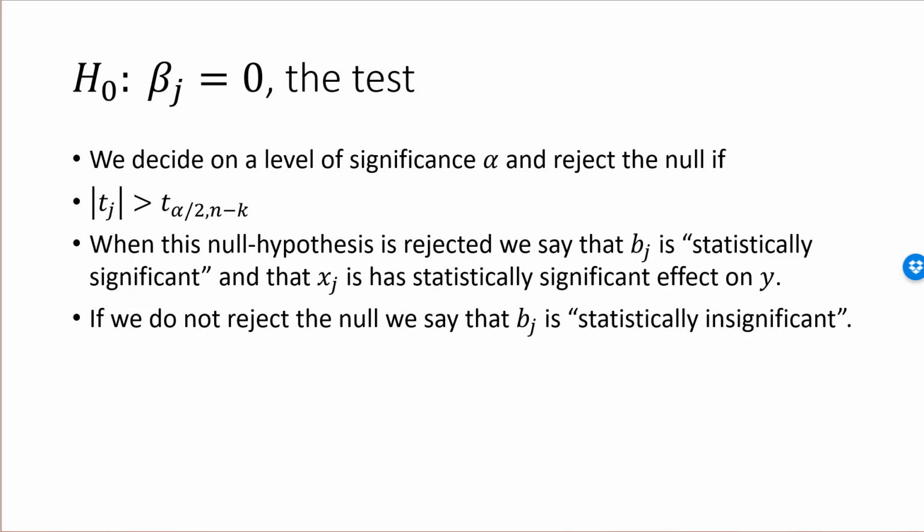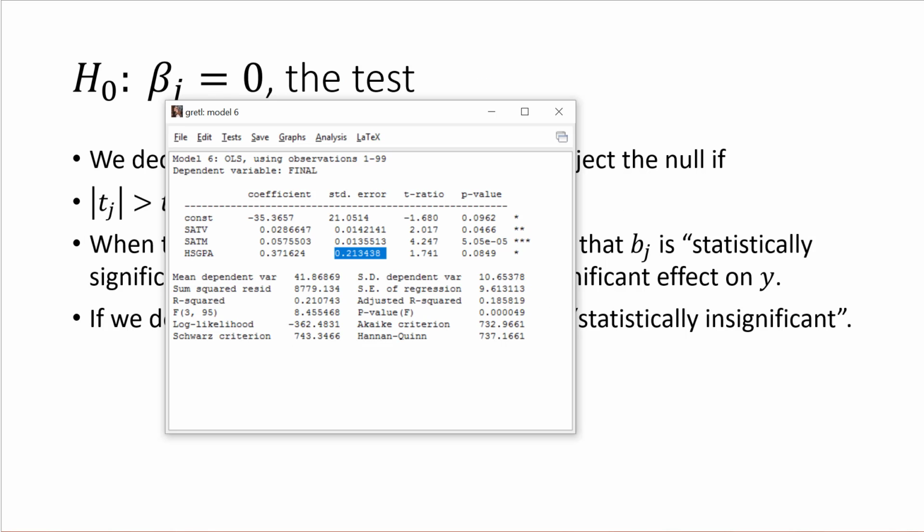Now, this is all fine and well. The only sort of a little bit of a problem with this is that we have to go and find the critical value and compare that to the t ratio. And it's not really possible for statistical software to print the critical value because that depends on the level of significance, the alpha, and Gretl doesn't really know which alpha you prefer.